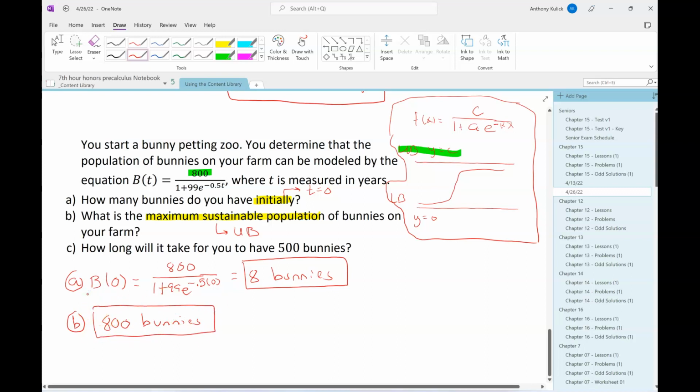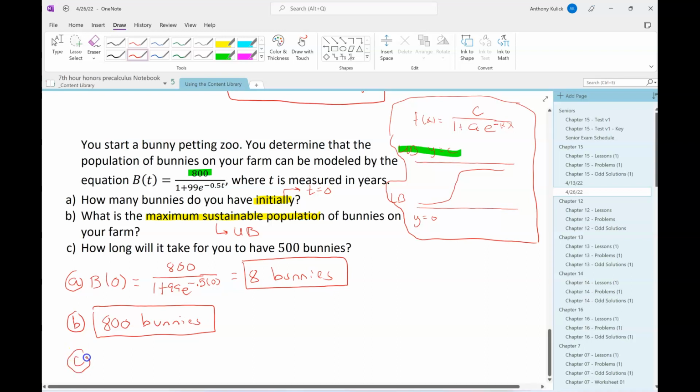I just used some definitions about what I knew about logistics. Alternatively, if you had forgotten that the upper bound is at y equals c, you could type that function into your calculator and graph it and look at what was happening as the x-axis got very big. You'd see the y value is capped at about 800, and it wouldn't take too much to guess that 800 would be that maximum sustainable population.